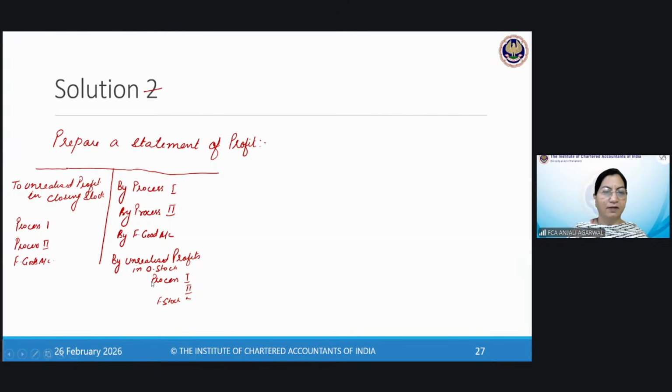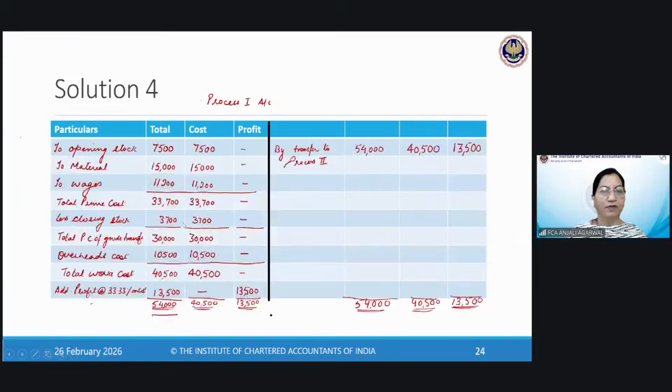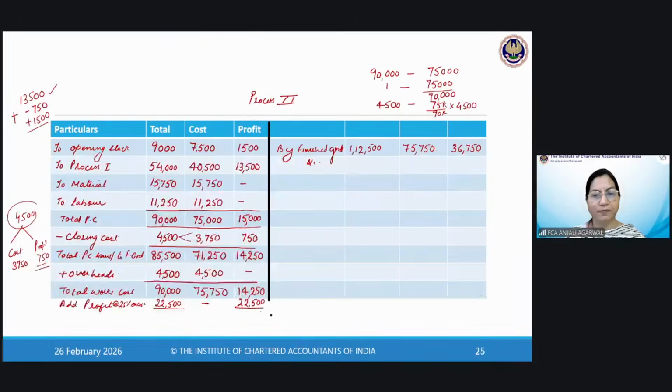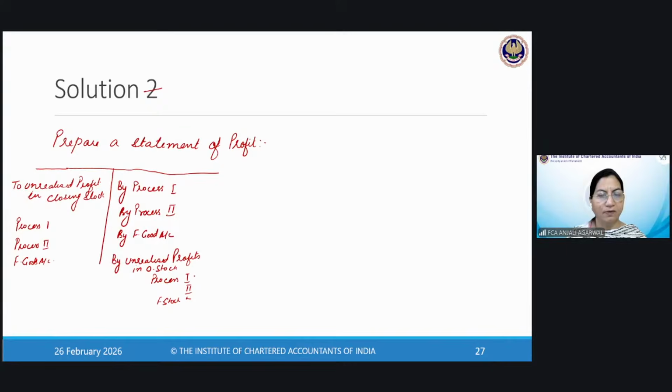So if you write here, how much is the profit that we had? Let's first take the inter-process profit included in opening stock. In the first process, obviously there is nothing. In the second process and in the finished stock account, it is 1,500 and 8,250.